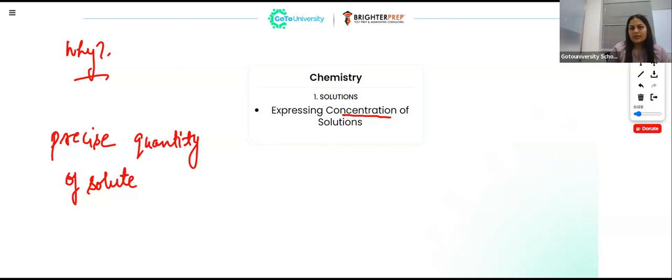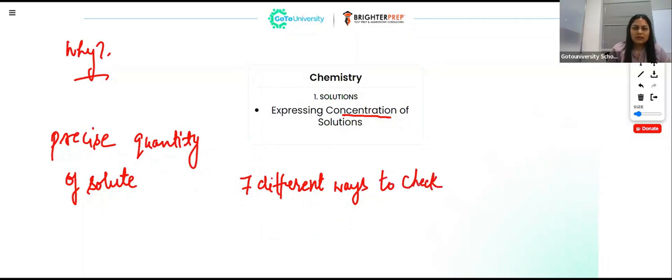So there are basically 7 methods, or say 7 different ways to determine or to find the concentration of solution.